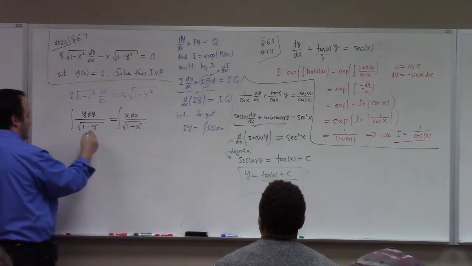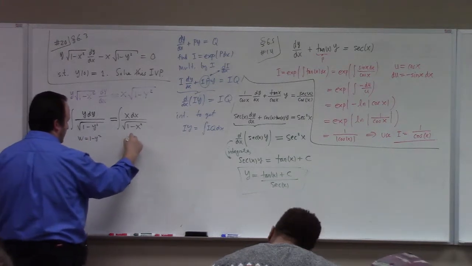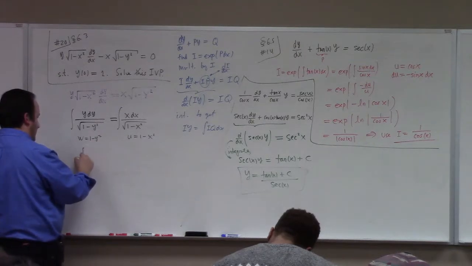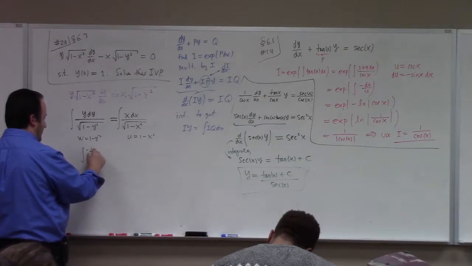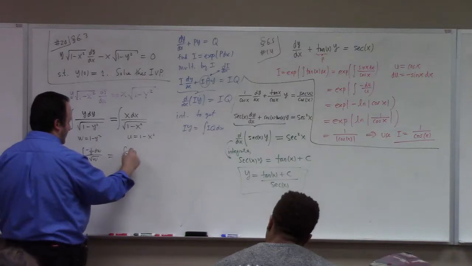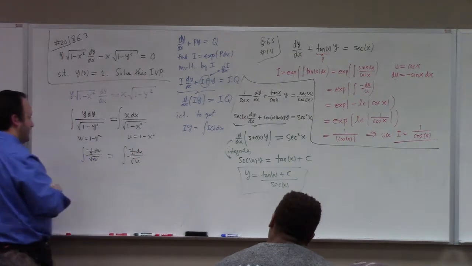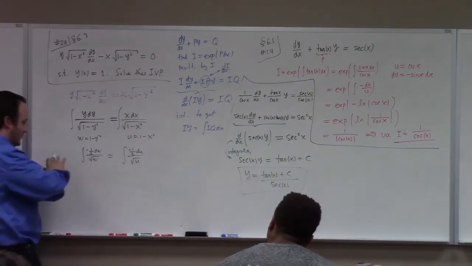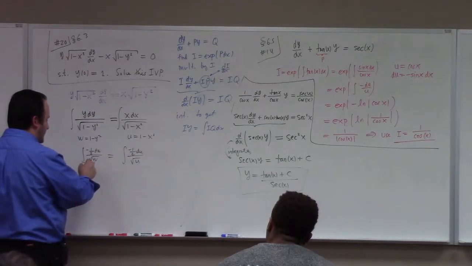I would let w equal 1 minus y squared, let u equal 1 minus x squared. So of course this is the integral of minus 1/2 dw over root w equals the integral of minus 1/2 du over root u. Let's get rid of these halves. And what's the integral of 1 over root? Oh, maybe I should keep the 2 downstairs.